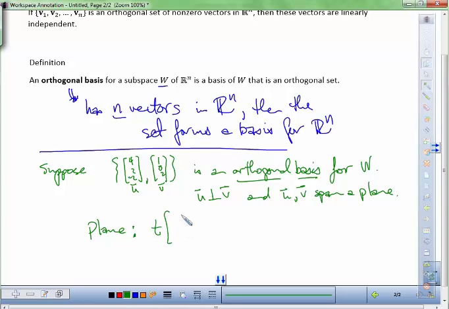If we take each of those vectors with a parameter like t and s, so t times (4, 2, -2) plus s times (1, 0, 2), that can be your plane.